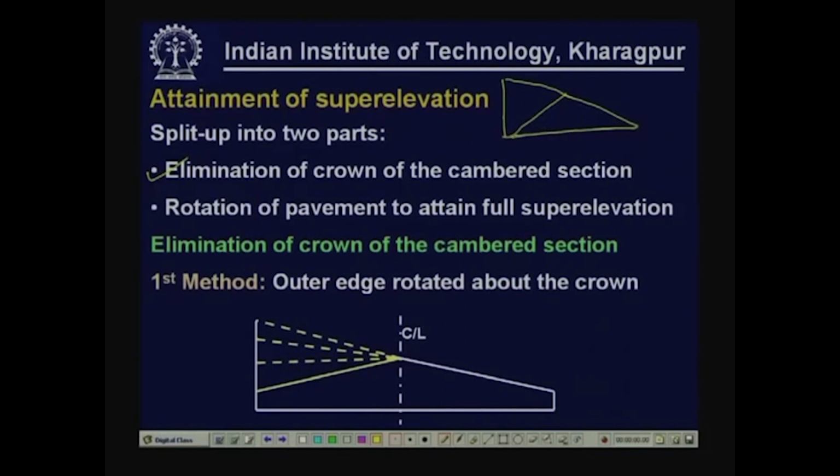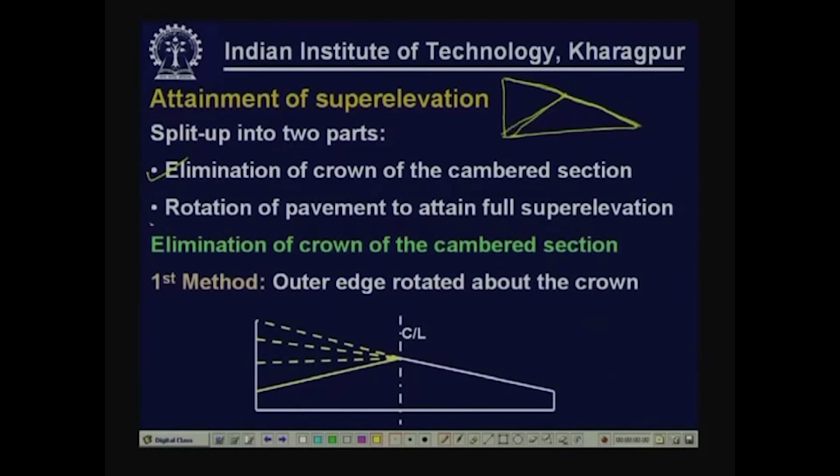Earlier the section was like this; after this stage, we expect a section with uniform cross slope equal to the camber.